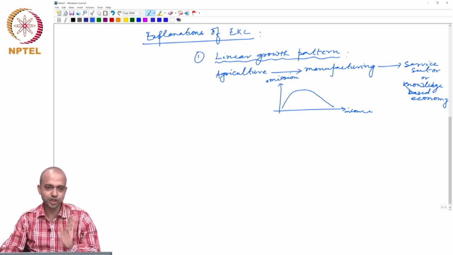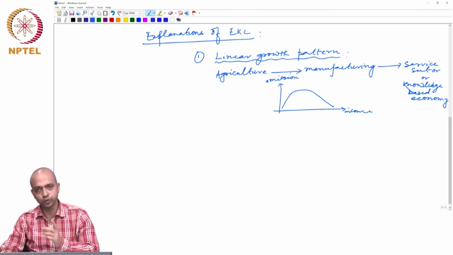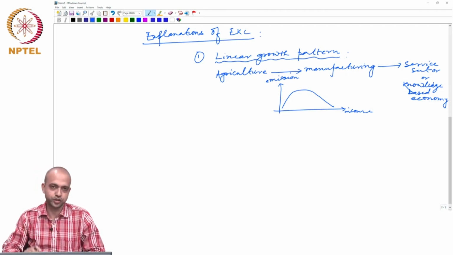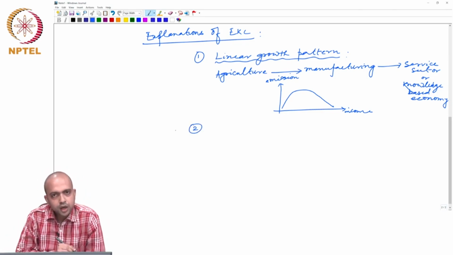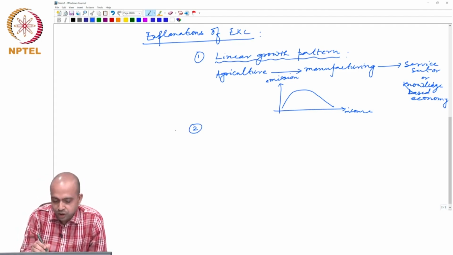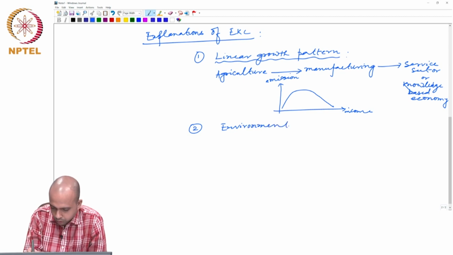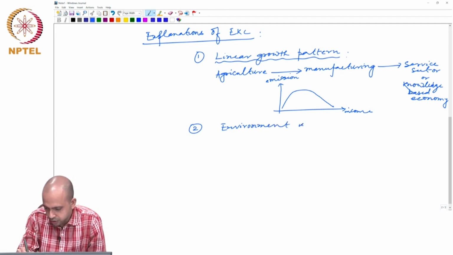So, the first explanation is the linear growth pattern, which is observed for most economies' growth process. Then the second one: environment is a luxury good.